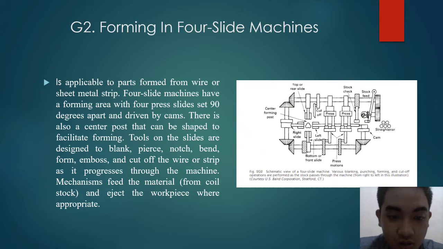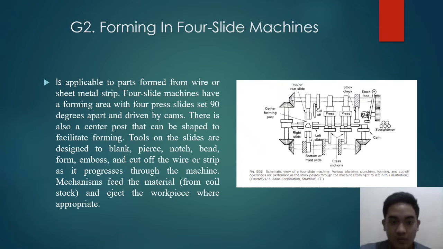Tools on the slides are designed to blank, pierce, notch, bend, form, emboss, and cut off the wire or strip as it progresses through the machine. This is the process of forming in four-slide machines.